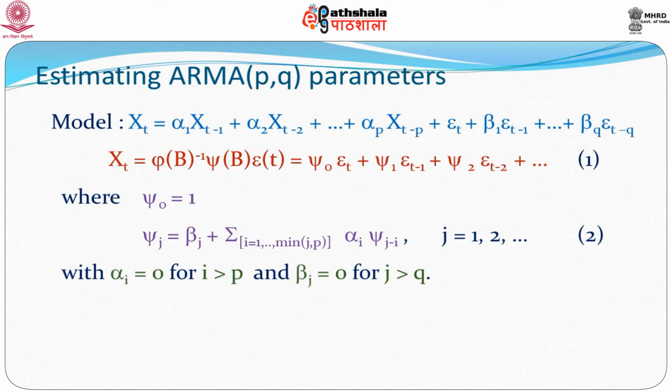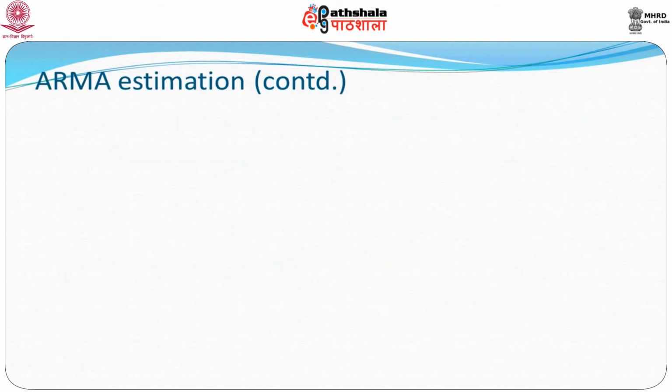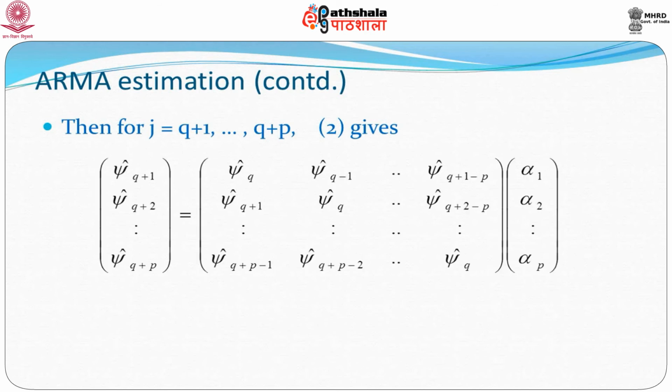Now, once we have this, let us truncate this infinite lag model to p plus q terms, and then use the innovation algorithm to estimate psi_1 up to psi_{p+q}. And then we take j equal to q plus 1 to q plus p. Then we can write the relationship.